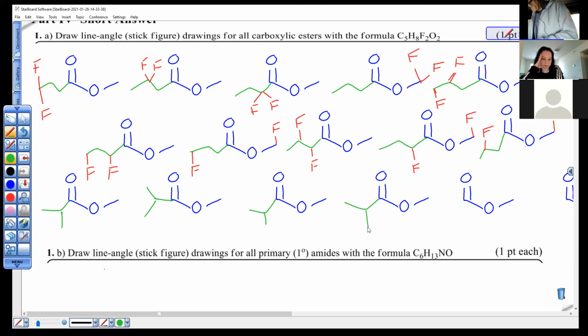I think there's a lot. Whoa, carried away there. All of them, really? Sorry, I have conversations with my computer a lot. And yeah, I'm pretty sure we can put both fluorines on one of these methyls.